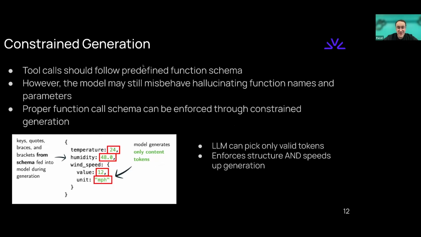Okay, so going back to the constraint generation I referenced previously. Constraint generation is a mechanism that allows us to reduce the hallucinations in the model output. When we are performing function call generation, we know the signatures of the functions because they're given upfront in the API.